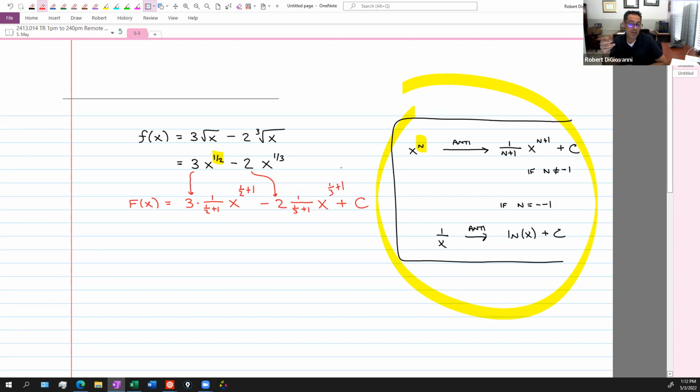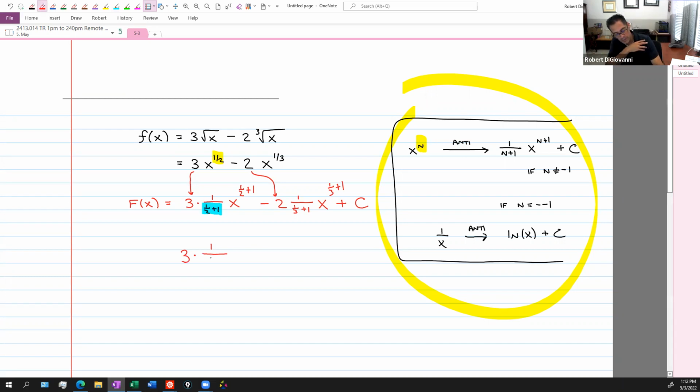Just like when we were taking derivatives, every time we took a derivative, we had to subtract 1, and so we had to get used to taking 1 away from fractions. With antiderivatives, you have to get used to adding 1 to fractions. So this becomes 3 times 1 over, if I do 1/2 plus 1, that's the same as 1/2 plus 2 over 2, so that's 3/2.